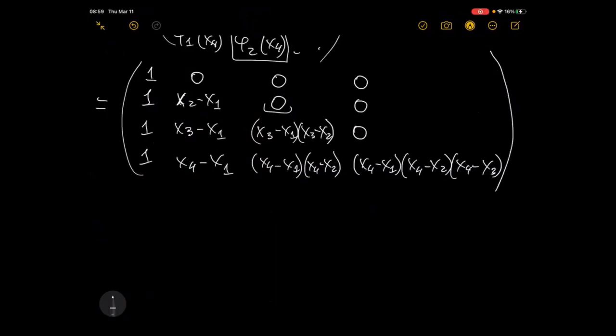Okay, what can you tell me about this matrix? It has a special form, right? It is lower triangular, right?